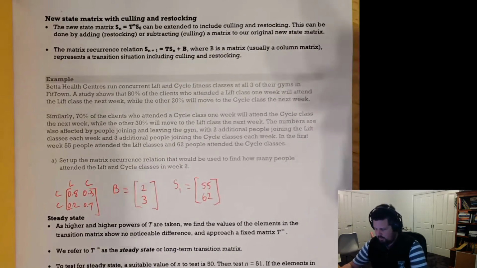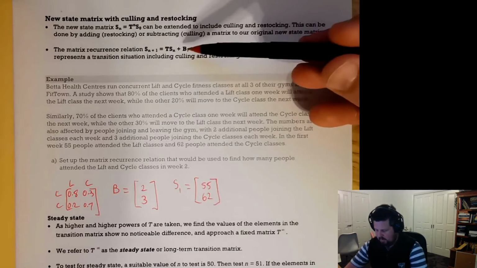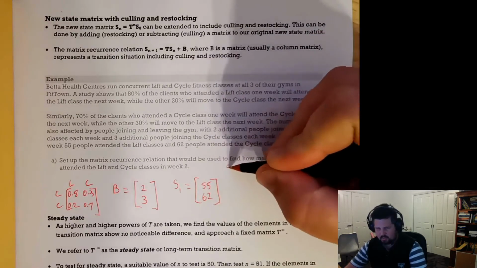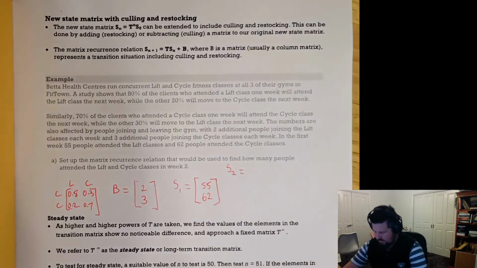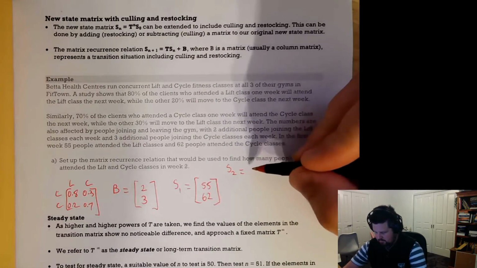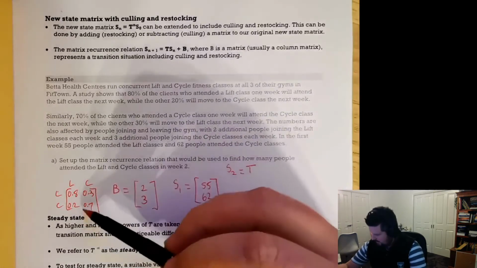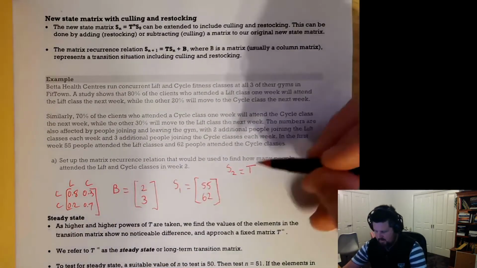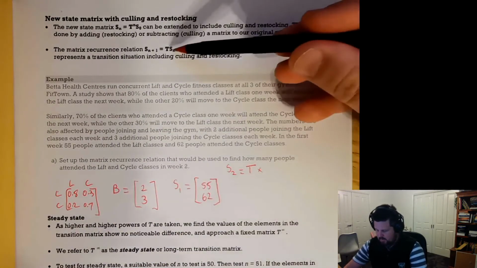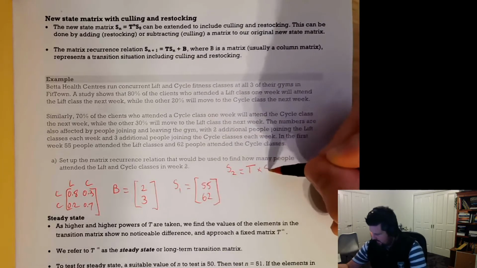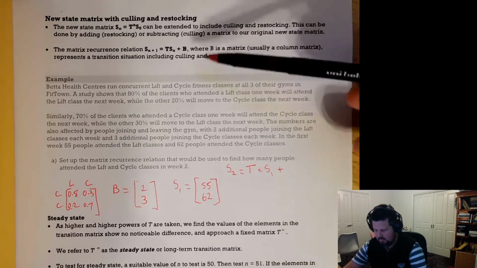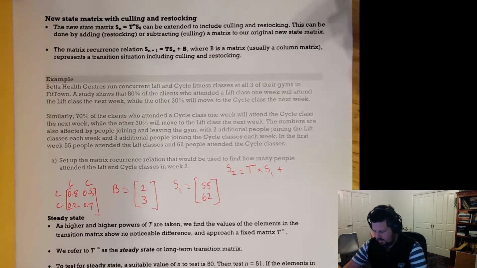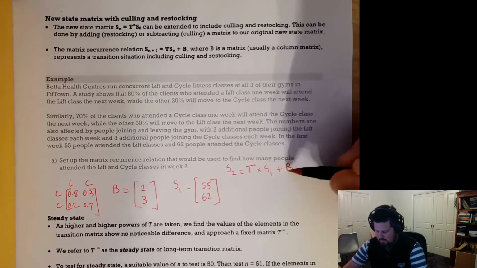Again, the rule to work this out is up here. If we're working out what's happening in week 2, it's going to be state 2. It's equal to the transition matrix, which is this one over here, multiplied by the state before this one, which would be S1, plus the culling or restocking matrix here, so plus B. So let's put those down.